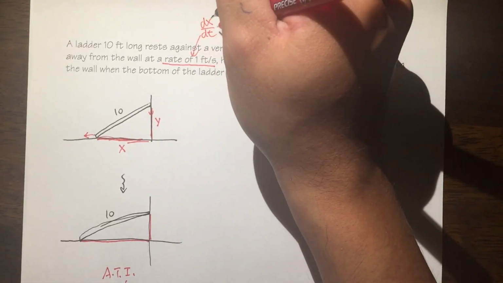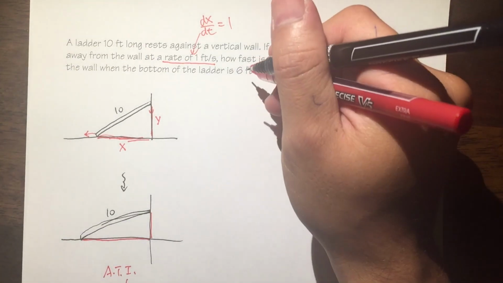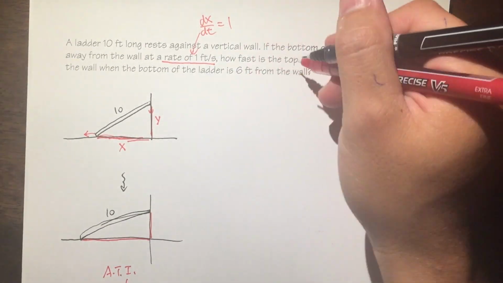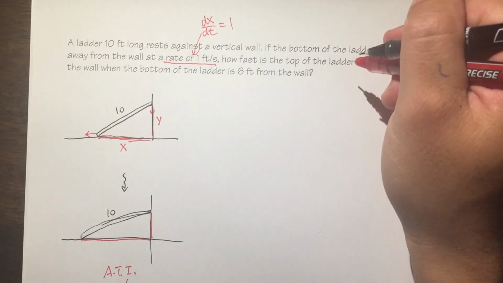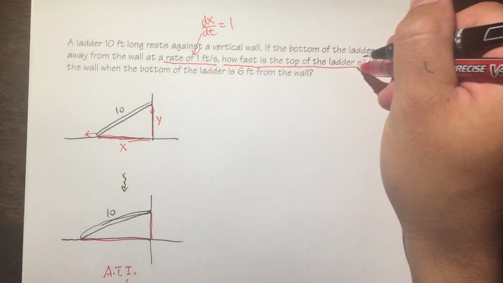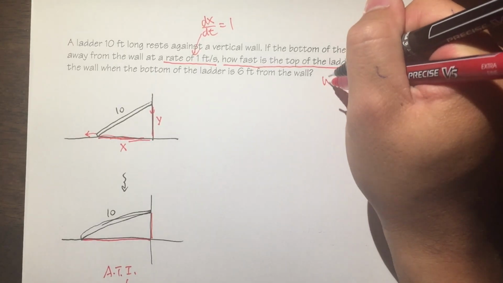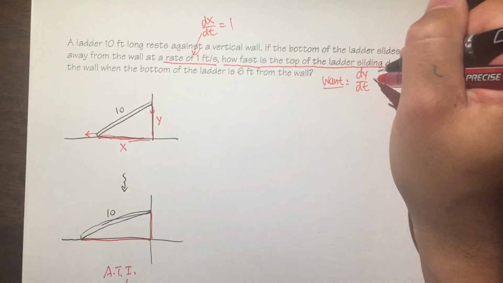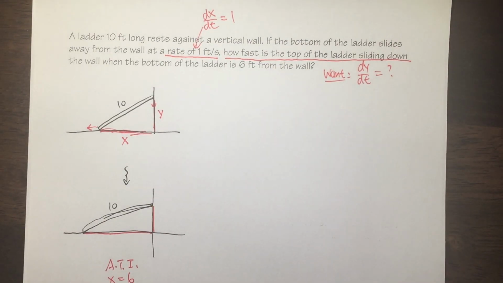Good. dx/dt equals 1, right? And the question is asking us how fast is the top of the ladder sliding down. So let me just write this down right here. How fast is also asking for the rate, and in our labeling we want to know dy/dt.